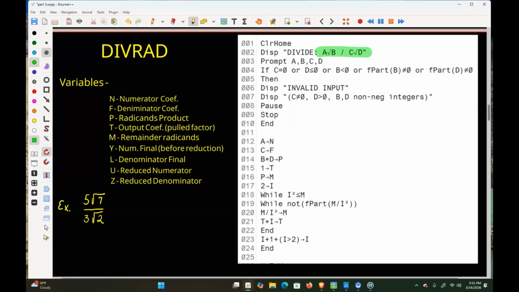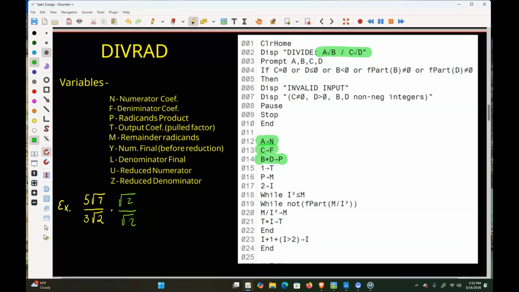Just like when you're working a problem by hand, what you want to do is multiply top and bottom by the radical. So what we've done is we've stored the coefficient of a, we stored the coefficient of c, and we multiplied just like we did here. Okay.